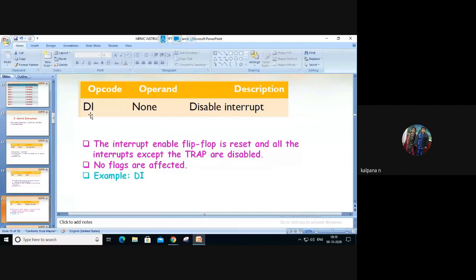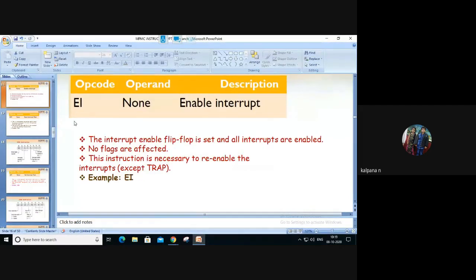Then we need to give DI. DI means disable interrupt. Similarly, if you want to enable the interrupt, EI also we can use. All these are implicit instructions, which means no operand is given. Besides NOP, are we giving any address location? No, we are not. Besides halt, are we giving any address location? No, we are not giving.